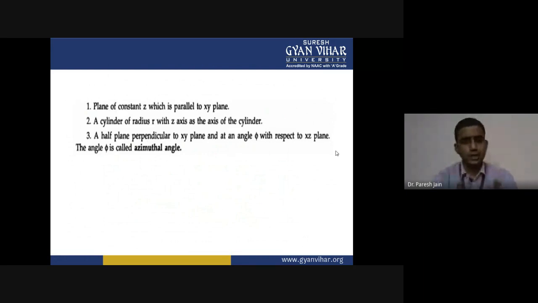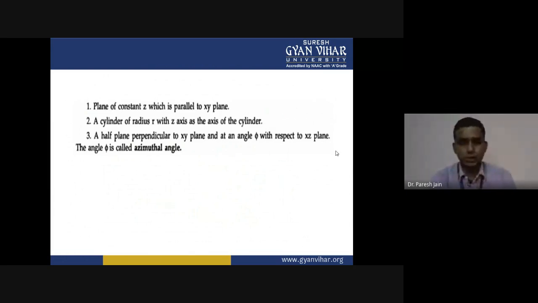A cylinder of radius r with the z axis as the axis of the cylinder, a half plane perpendicular to the xy plane and at an angle phi with respect to the xz plane. The angle phi is called the azimuth angle.